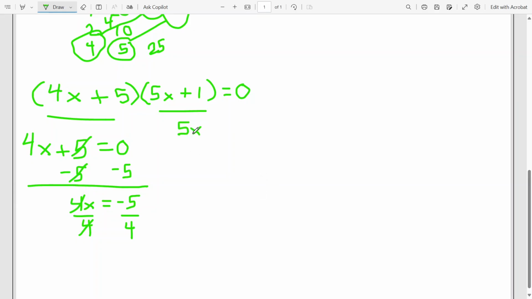I'll set 5x plus 1 equal to 0. I'll subtract 1 from both sides. I'll get 5x equals -1. Divide by 5.